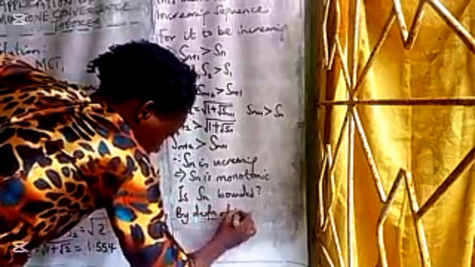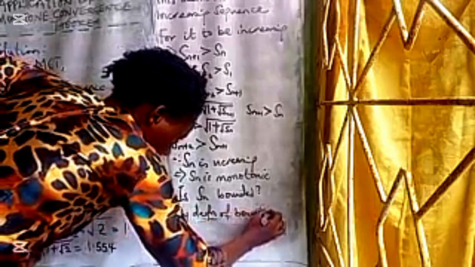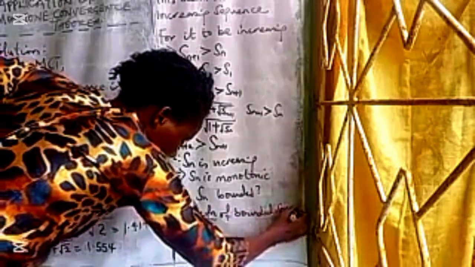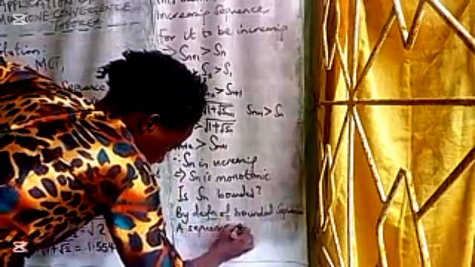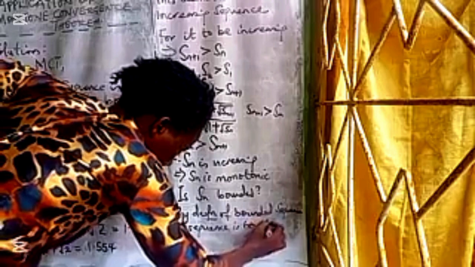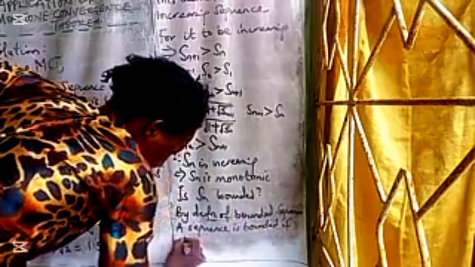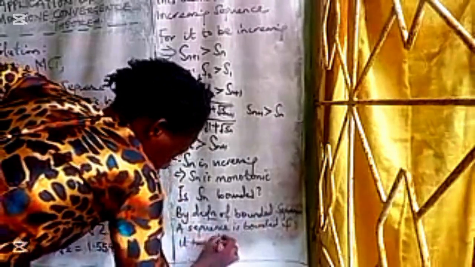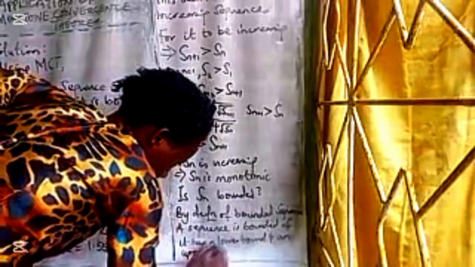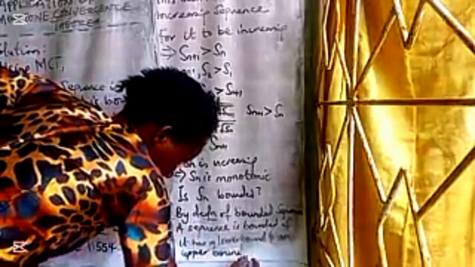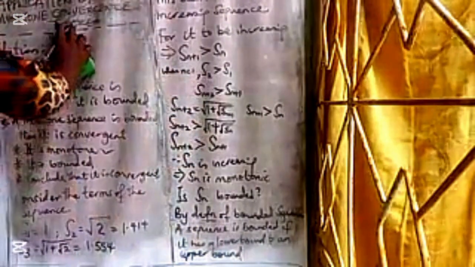By definition of bounded sequence, a sequence is bounded if it has a lower bound and an upper bound.